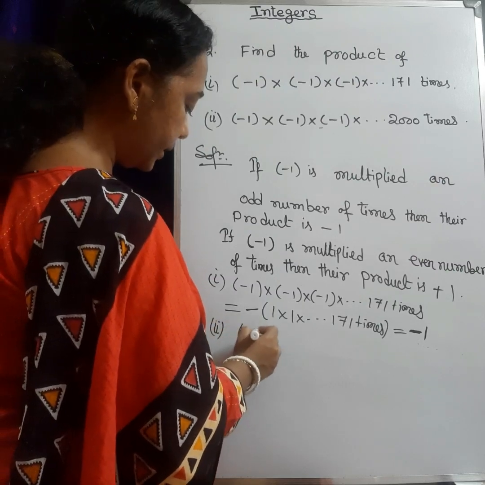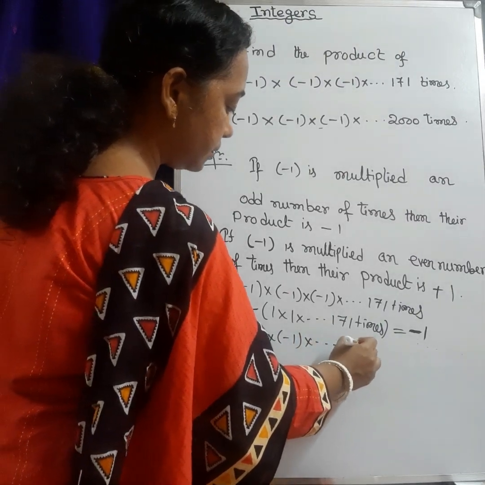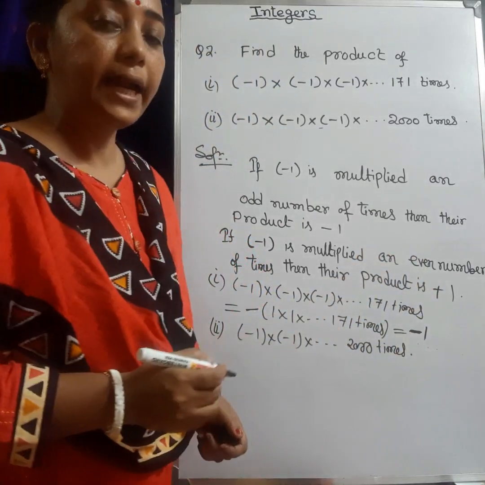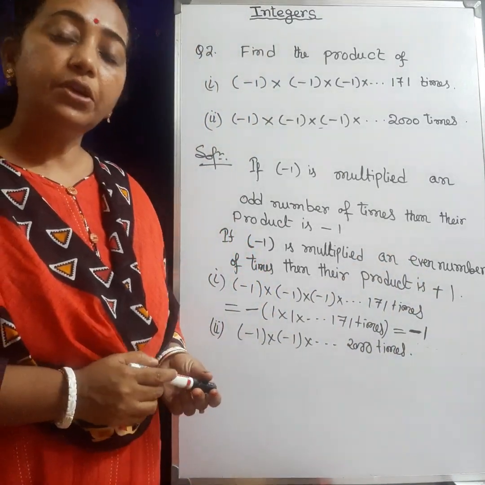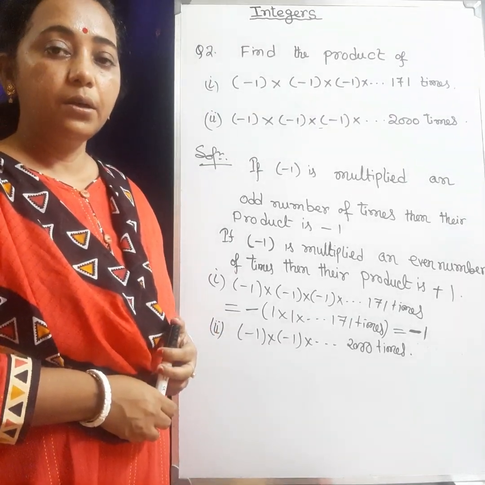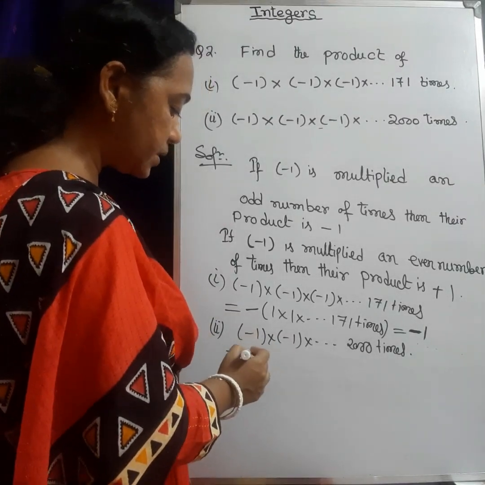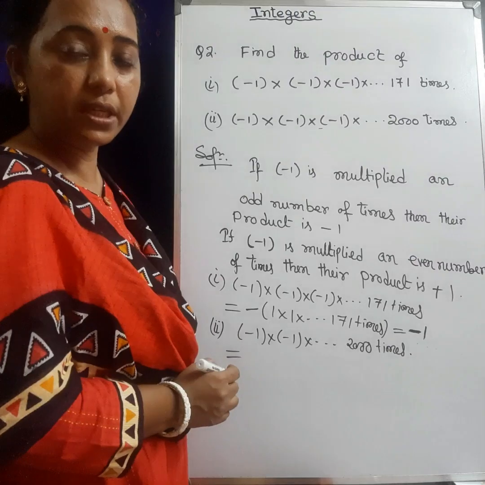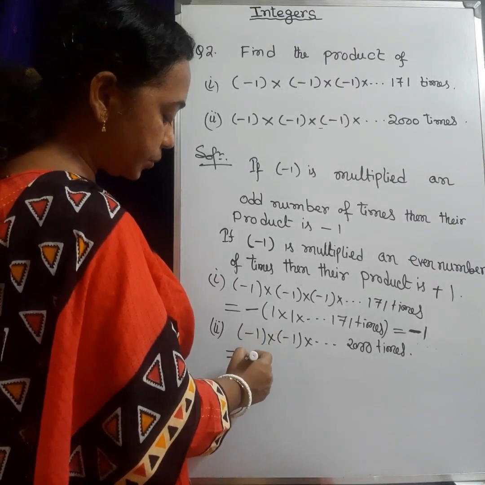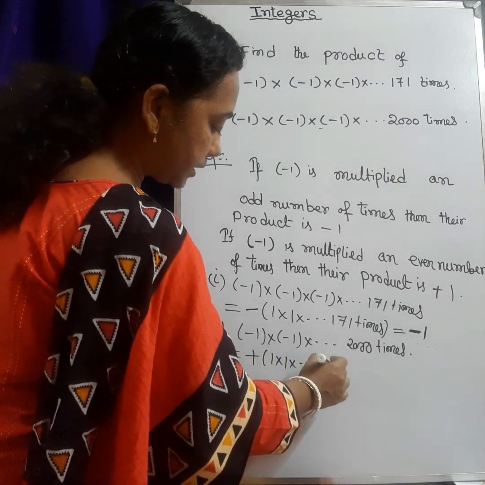Similarly, let us see the second question. Here -1 is multiplied by itself 2000 times. So when a negative integer is multiplied an even number of times by itself, we get their product as a positive integer. So when -1 is multiplied 2000 times, which is an even number, we get the sign of the product as positive with 1 multiplied by 1 up to 2000 times.